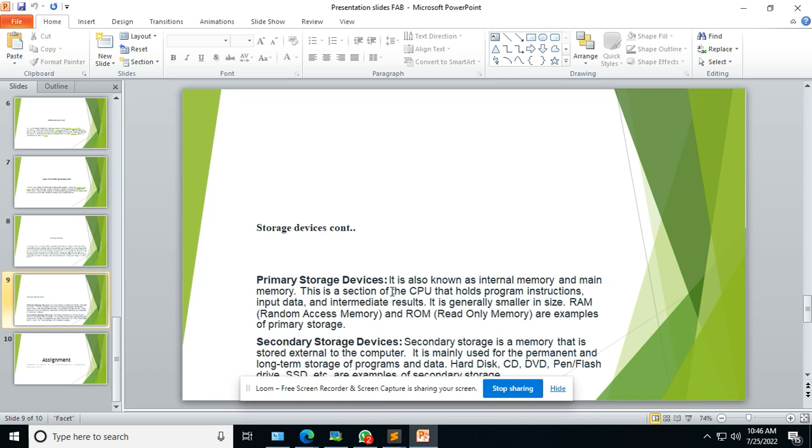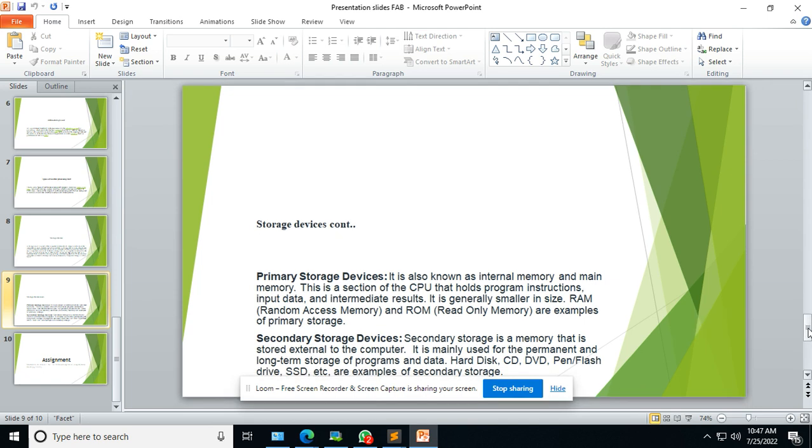Those are external memory devices where information retrieved from our computer system can be stored. Examples of secondary storage are the hard disk, CD, DVD, flash disk, and SSD. In the current laptops on our market, some are using SSD.